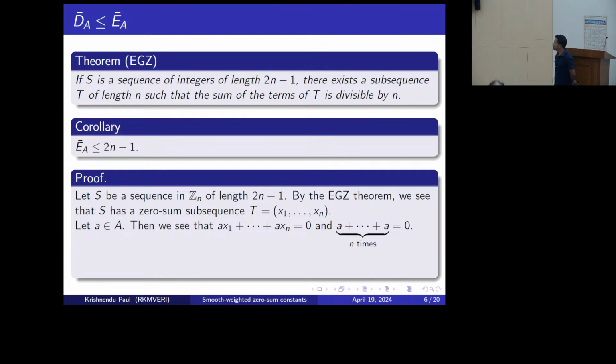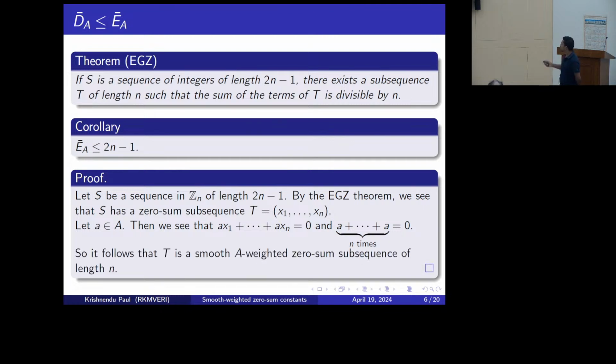Suppose as it is non-empty, obviously there exists some a. So as x1 plus dot dot dot plus xn equals 0, multiplying by a, it will remain 0, and the sum of the coefficients is also 0 as it is na. So it follows that T is a smooth zero-sum subsequence of length n, and that proves the upper bound.